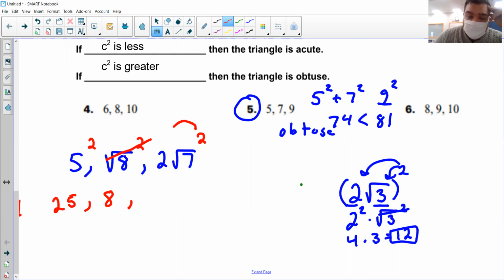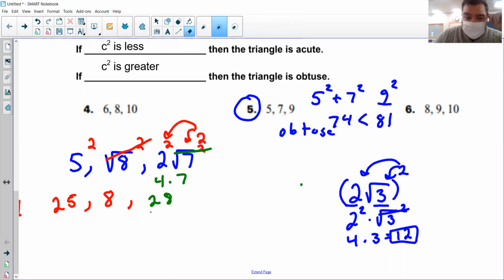This one, as Shaul was saying before, both of them will be squared. So what occurs here in an intermediate step is 2 squared becomes 4 because 2 times 2 is 4. The square root of 7 squared gets crossed out, so that is just 7. So 7 times 4 is 28.